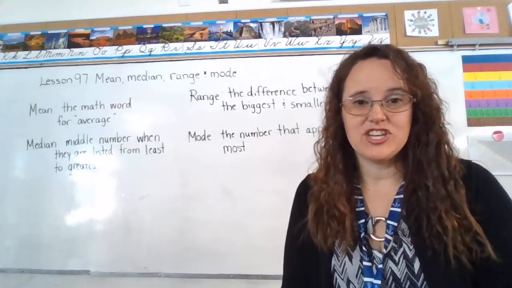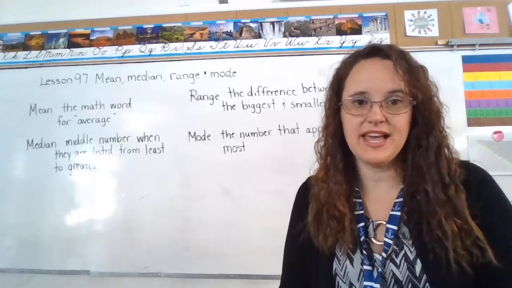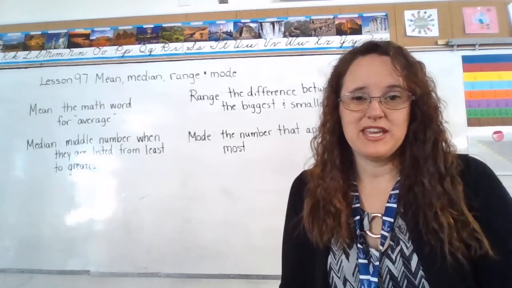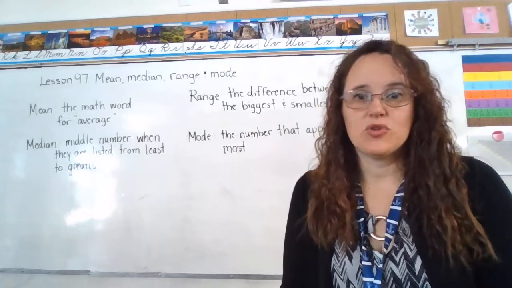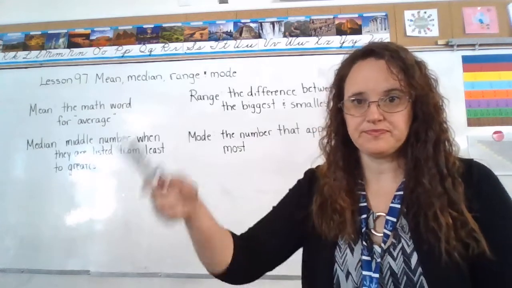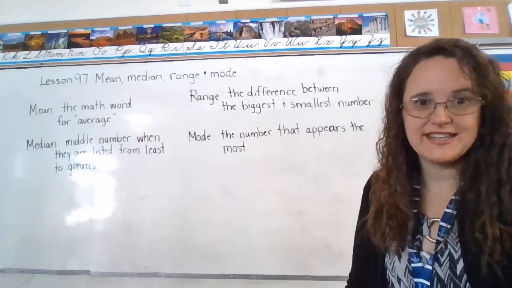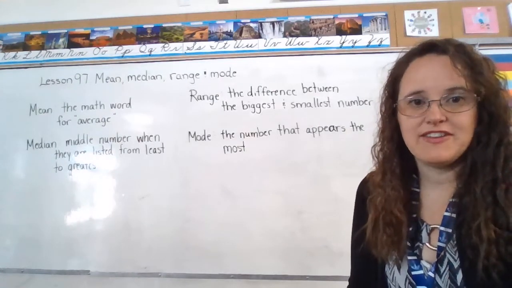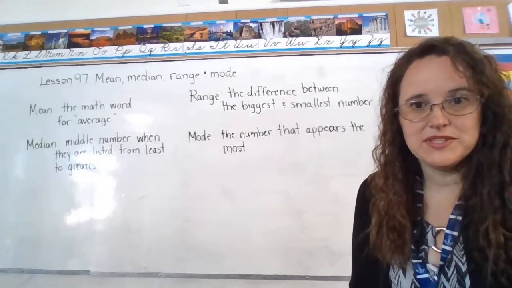So data is just kind of information that we collect, numbers that we collect to try to measure something or kind of keep track of trends, scores, height, that kind of stuff. So these 4 new words, I've given you Mrs. Duarte's definition of them. This is not what you'll find in a dictionary, but it's kind of how I keep it straight in my mind, and hopefully it will help you as well.